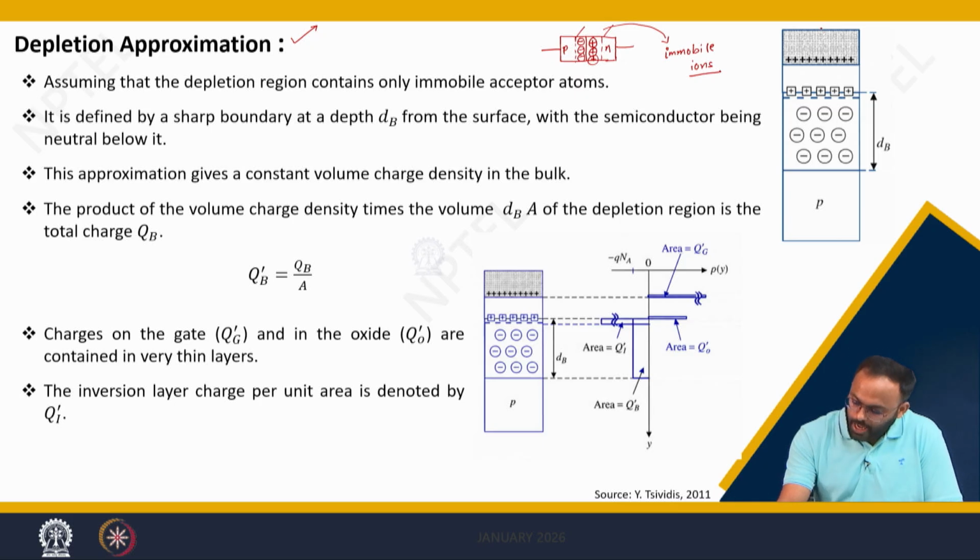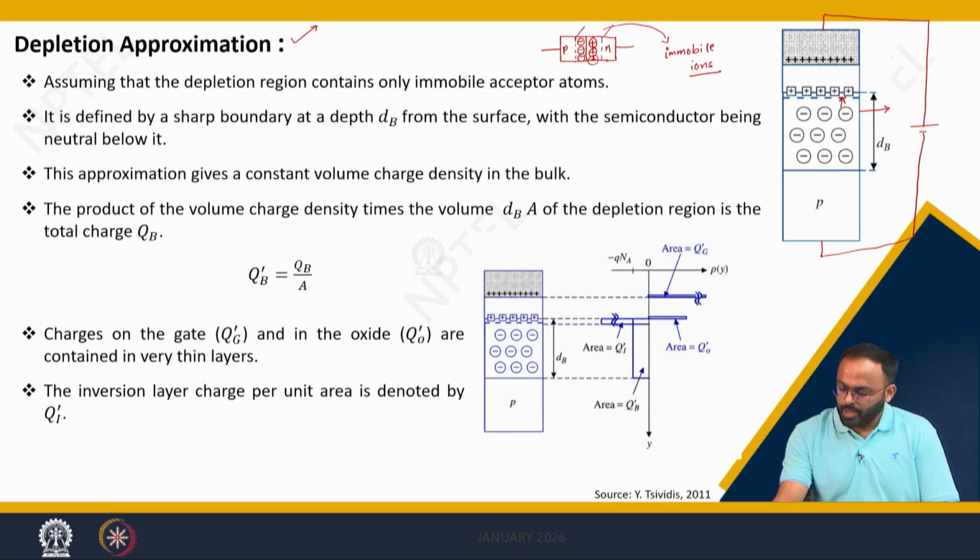When you apply a gate to body voltage across this two terminal structure, based on this voltage, the positive charge requires a negative charge at the other plate, or in the semiconductor surface, and then the uncovered immobile ions come into the picture. Correspondingly, we have an electron inversion layer also. But what we consider is that this region is completely depleted and it can be given by a sharp boundary of height dB, where dB is nothing but the depth of the depletion region.